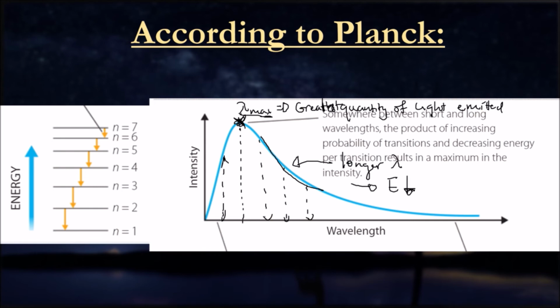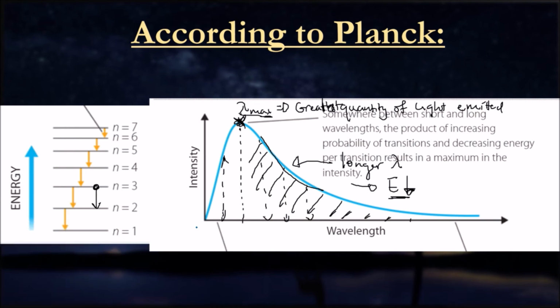So the energy transitions are less, and that increases the probability of a transition occurring. Imagine if it takes less energy to transition from, let's say, 3 to 2, then it's more likely to occur. So there's a greater probability here for that transition to occur.